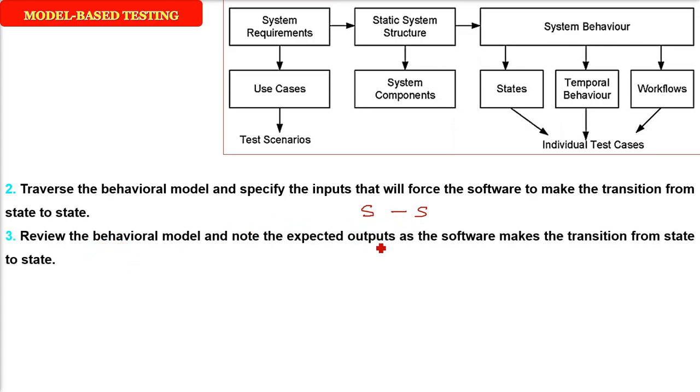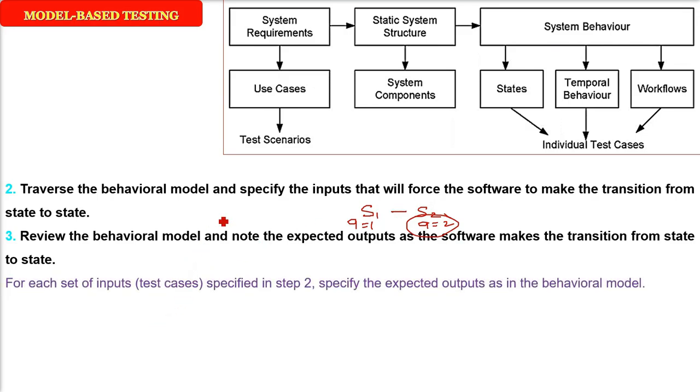Then we review the behavioral model and see what the expected result is. For example, the state is changing, A is 1, A becomes 2. So we have to note the expected outputs for each set of inputs, that is, the test cases specified in step 2. We have to specify the expected outputs as in the behavioral model.